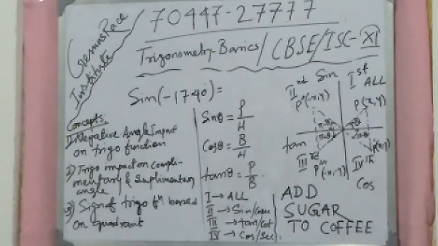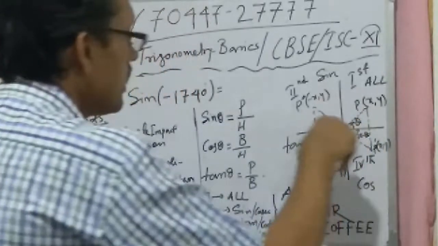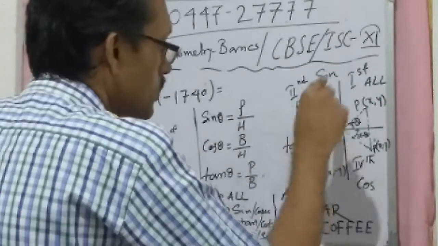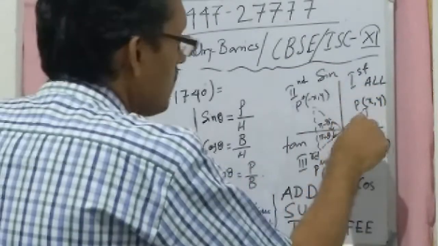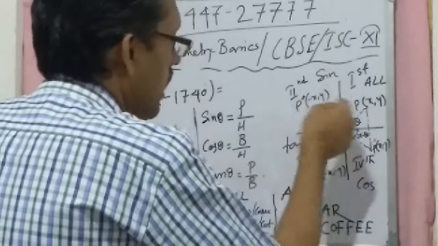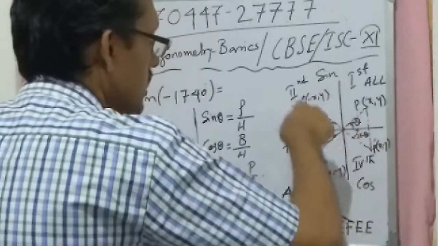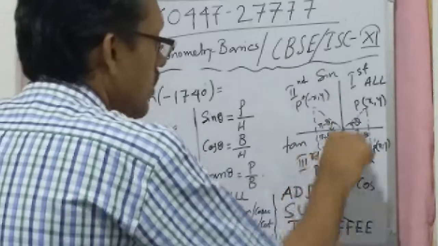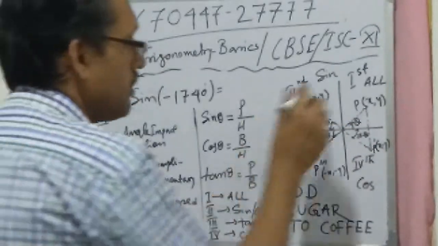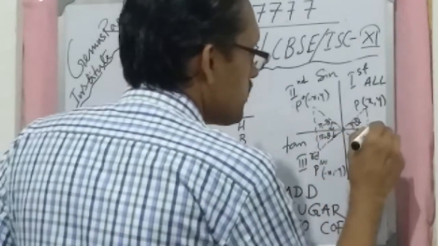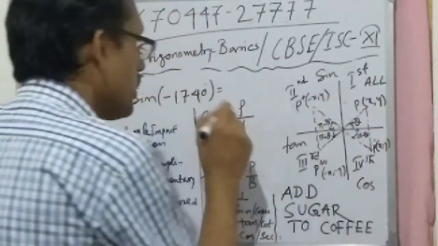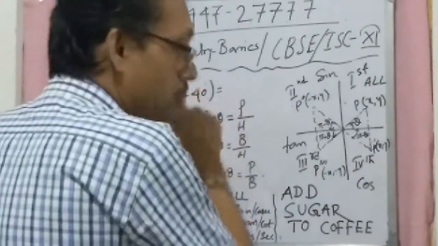Now we have considered the first quadrant, the second quadrant, the third quadrant, and the fourth quadrant. We always start from this angle, in the anti-clockwise direction. This is the anti-clockwise direction, and these are the clockwise rotations. Now in the first quadrant, x is positive and y is positive, so all trigonometric ratios are positive.